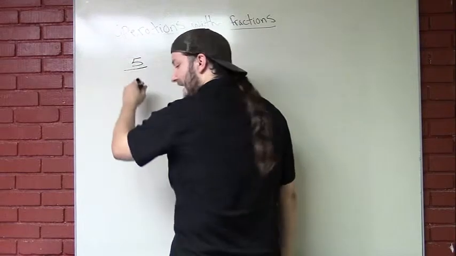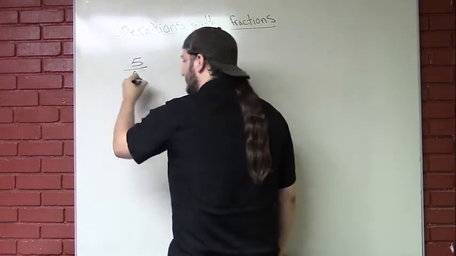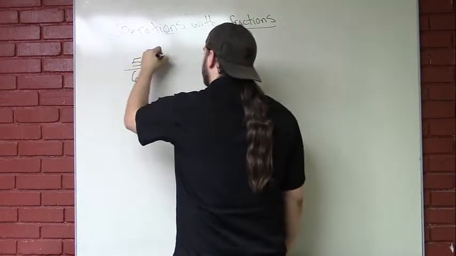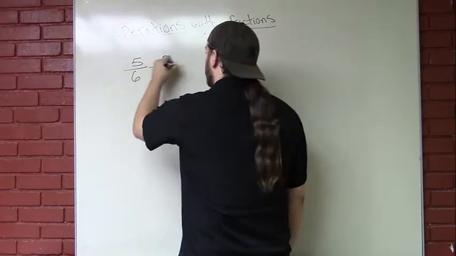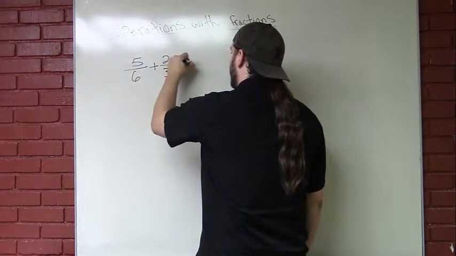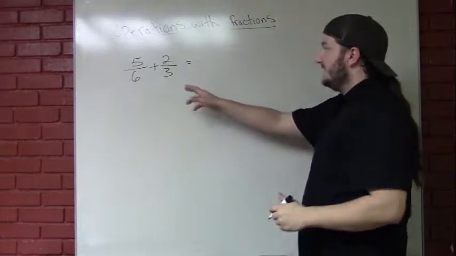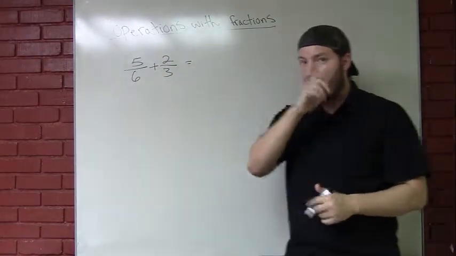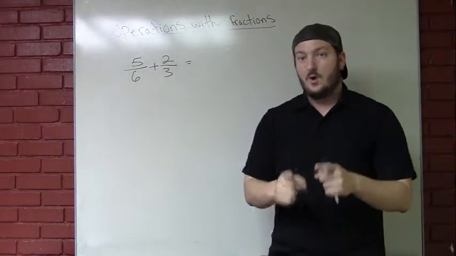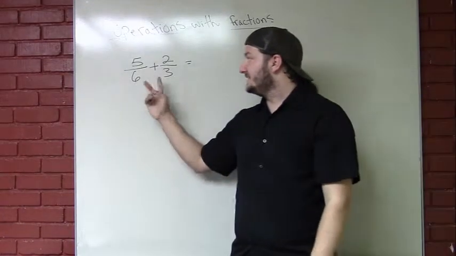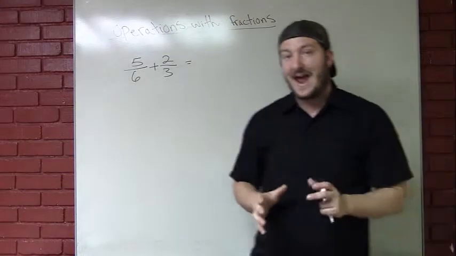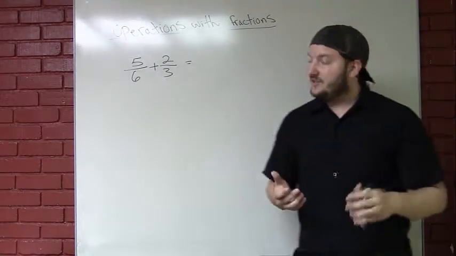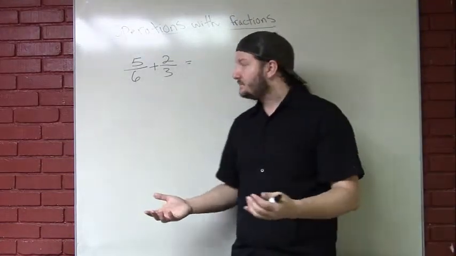So we've got 5 divided by 6 plus 2 divided by 3. Now, can we just add the tops like we did before? No, right? Why not? Because the bottoms do not match. So we've got to do some magic here to make a match.